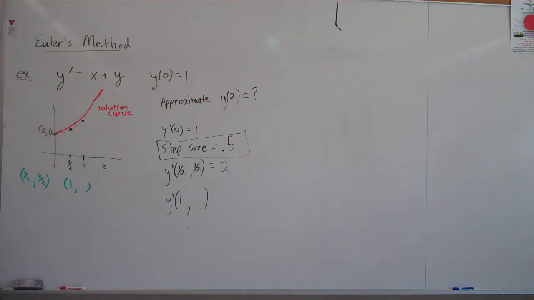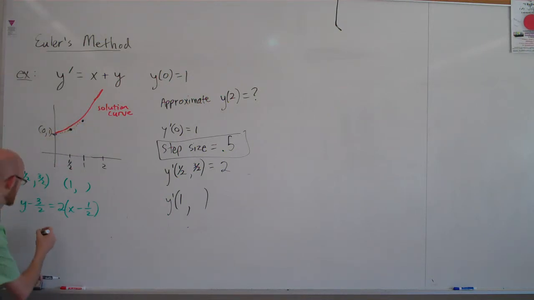The slope was 2, and we know that point was on it. So you can do point slope form: y minus 3/2 is equal to our slope times x minus 1/2. Because we know that point is on this segment, we just don't know what that point is right now.